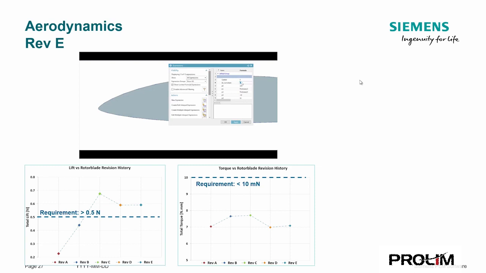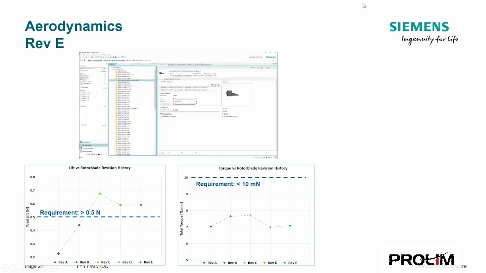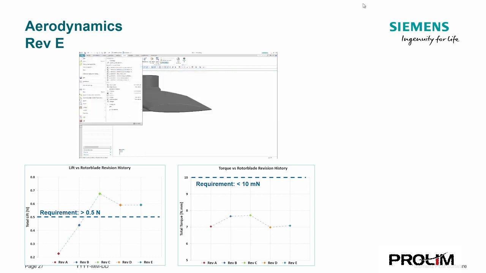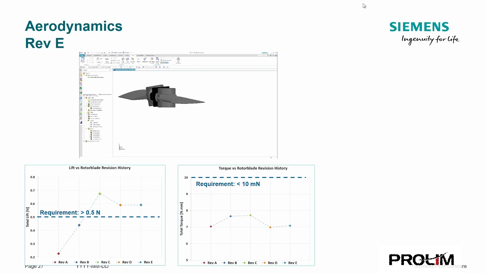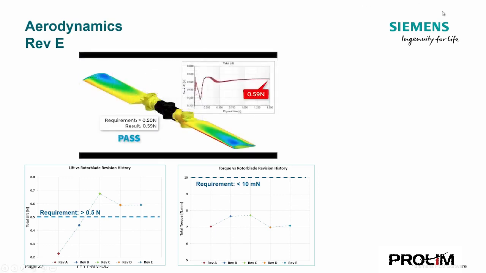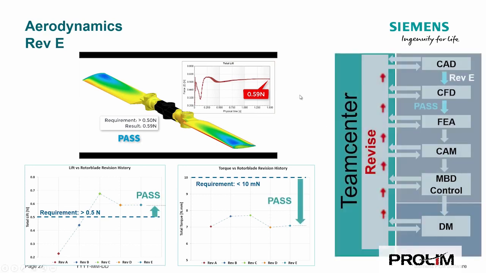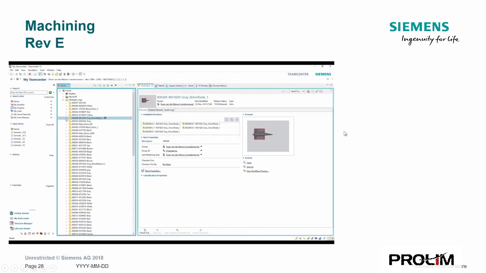So here you can see that making the leading edge a little bit more round will result in pretty much the same lift being generated, but a slight increase in the torque required to rotate the blade due to the slightly more rounded leading edge, but sufficient enough to pass the requirement and move on to the FEA analysis.